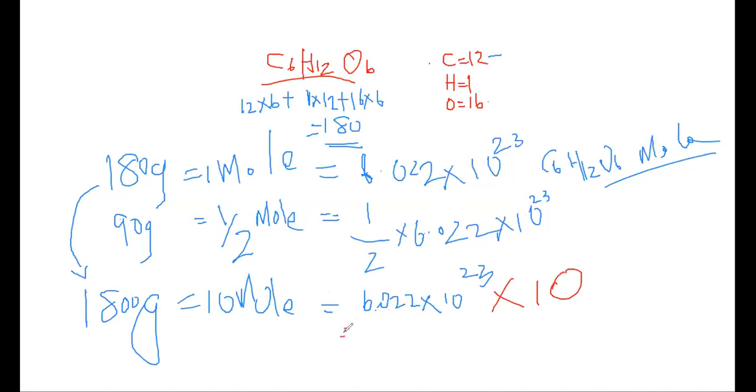Then I can write 6.022 into 10 to the power 24. Here the power is 1 more. Are you all understanding the connection between these molecules and the moles and the number of molecules or atoms? You must know this connection.